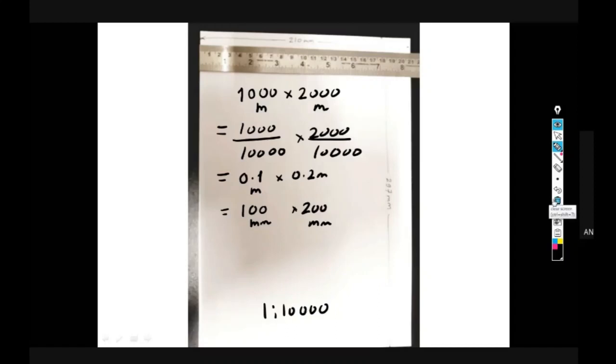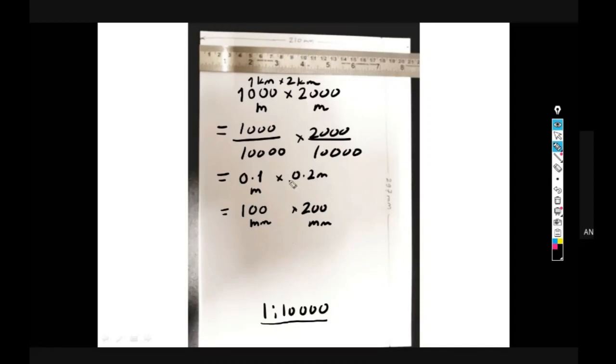So either you can draw a plot. That means, see, where do we get this kind of dimension, 1,000 meters? Definitely when you do a control survey or road survey, we get a lot of bigger dimensions. Road survey, we are working in kilometers. This is 1 kilometer by 2 kilometers. So in that case, I need to use bigger scales, or I need to increase the size of the paper.